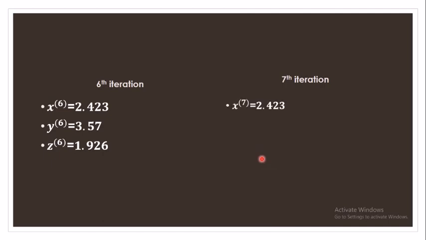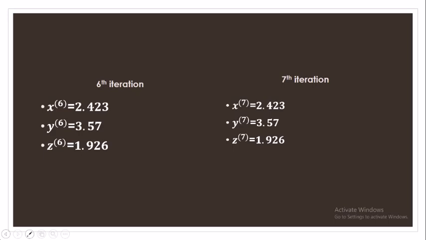Now I'm going to take the seventh iteration. You can see that in the sixth and seventh iterations, the numbers are the same. So this is not an exact or accurate value of x. I won't say that, because this is an iterative method, so we are getting only the approximate value. Whereas in the Gauss elimination method and Gauss-Jordan method, it was different. We got an accurate value there, because we were not doing any kind of iterations.